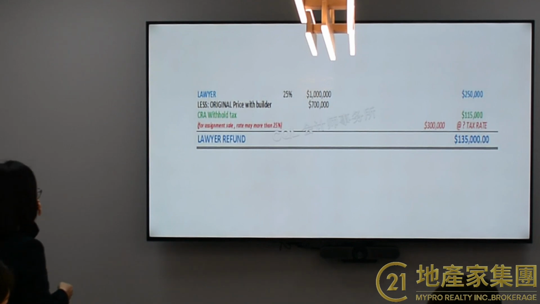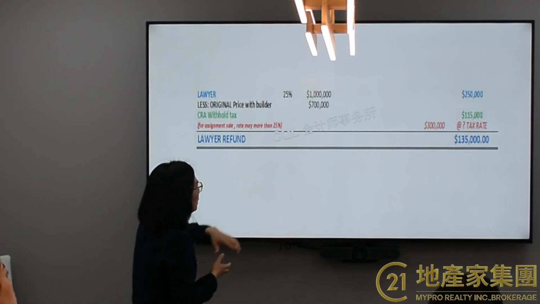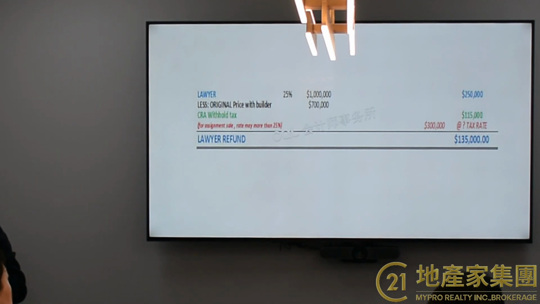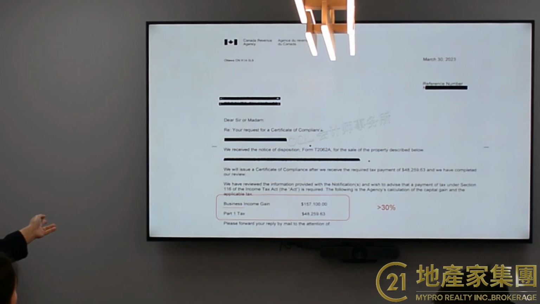So I put a note here: if an assignment sale is made, the rate is more than 25%. For this case, 250K, based on business income, the tax withheld is around 150K. When we receive this tax document, we can see that's where the calculation is approved by the revenue agency.